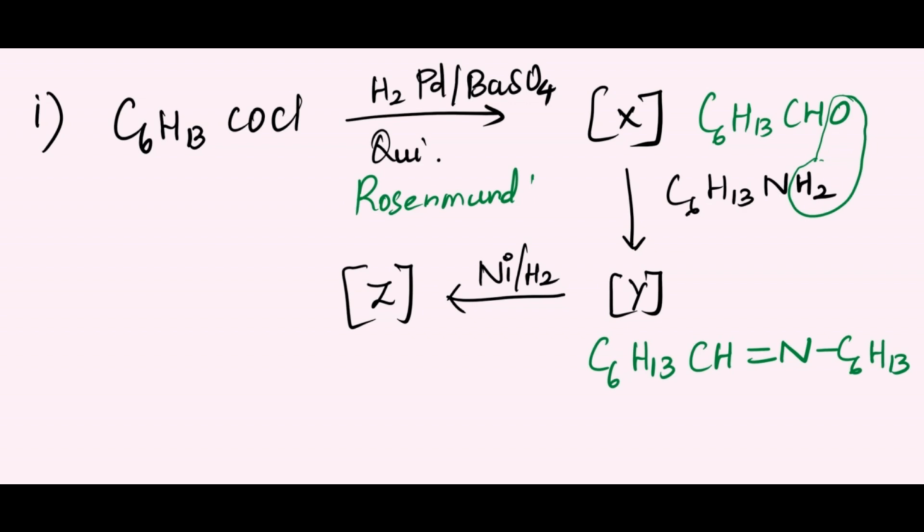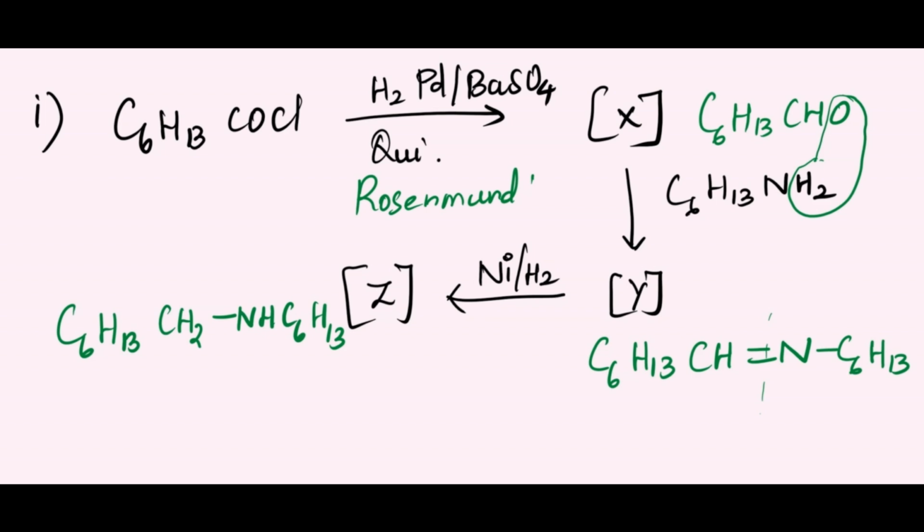Then with nickel and hydrogen, what will happen? Just a reduction. So the answer becomes C6H13CH2NHC6H13. Okay.